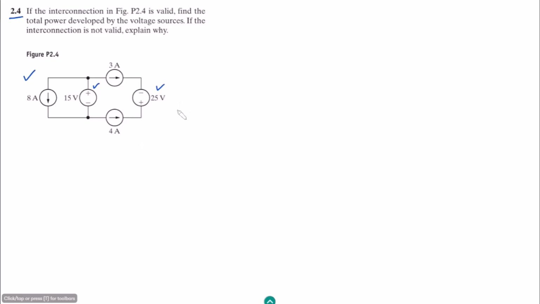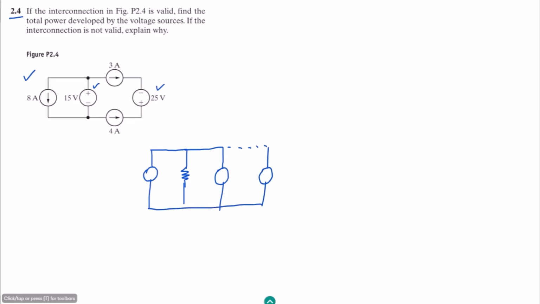First of all, let me explain what is meant by a valid and invalid electric circuit. In terms of voltage sources, suppose we have a voltage source connected here, some other element such as a resistor or capacitor here, and another voltage source here, and also one or two or many voltage sources which are connected in parallel with them.